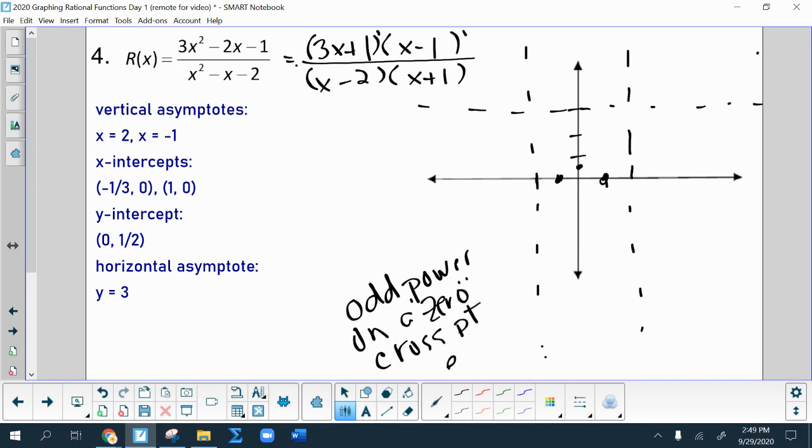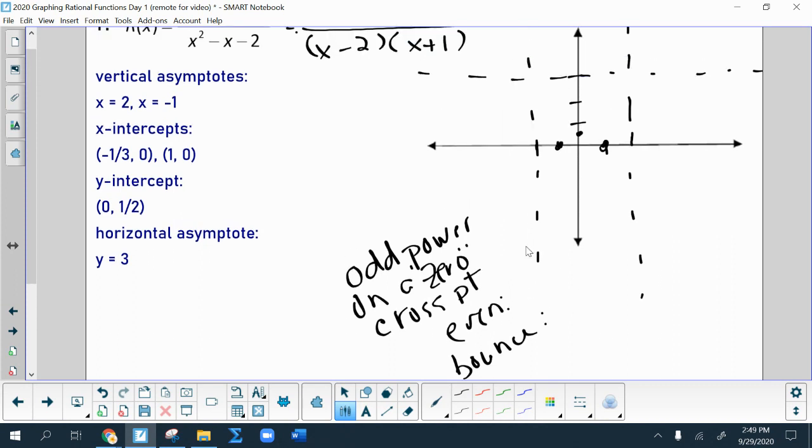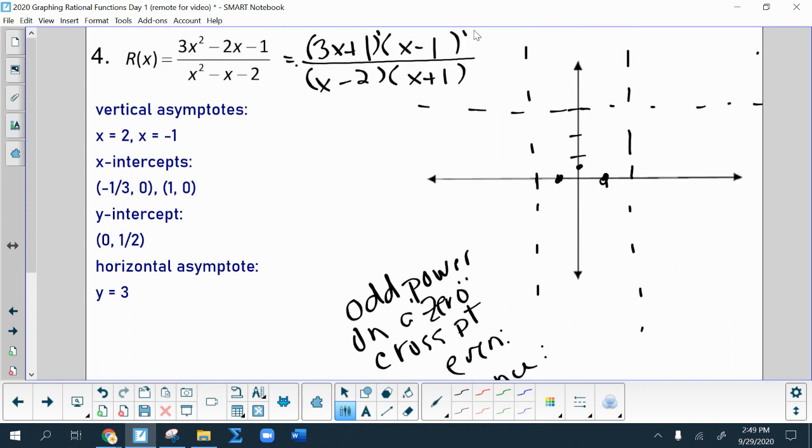And if it was even, then it's a bounce point or touch point, whatever you were calling it. So both of these are odd powered, so that means these are cross-through points.